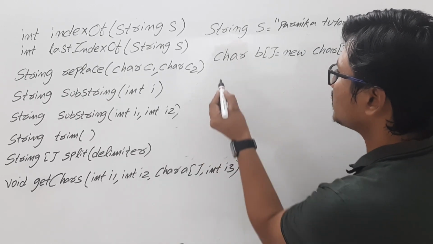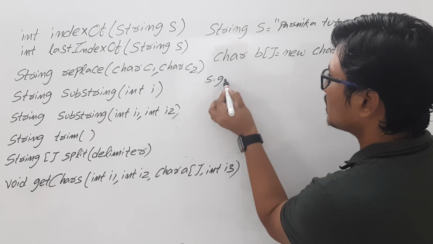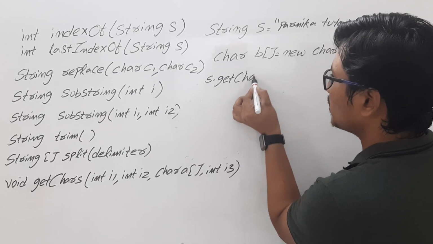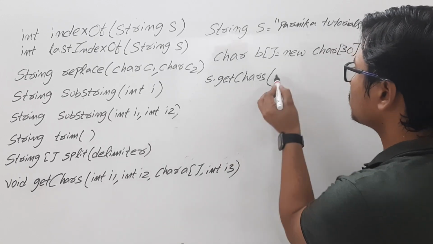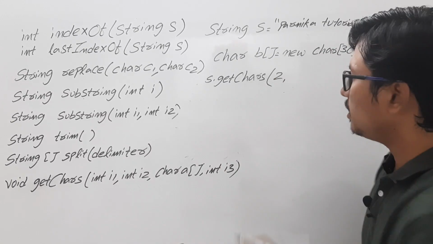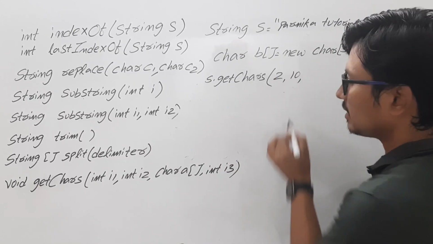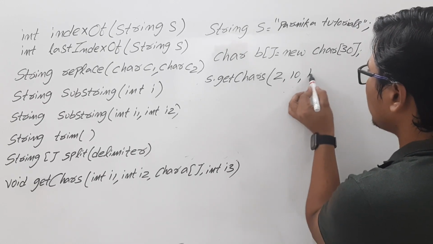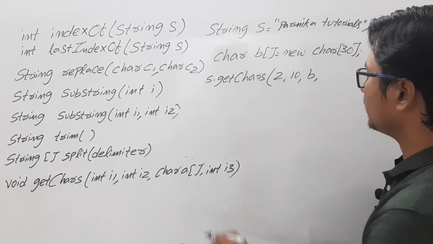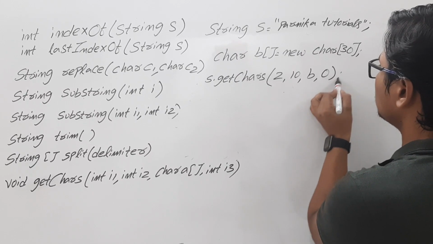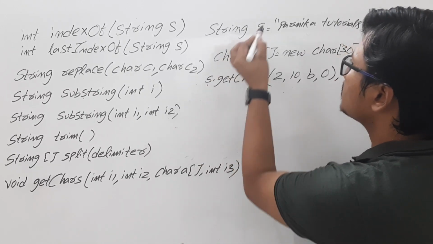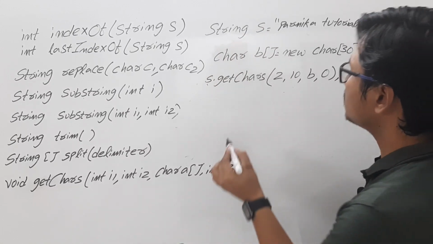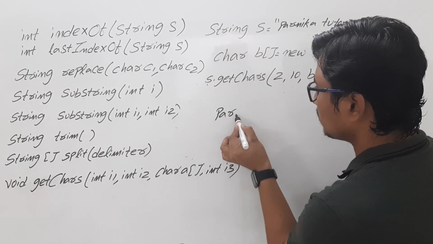Now if I write s.getChars, where C is capital, and I provide the integer 2, then 10, then the character array b, and then 0. What is the meaning? The content in the variable s is Parnika tutorials.